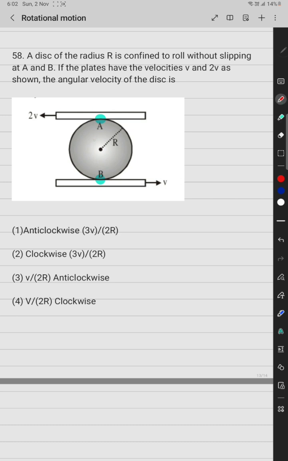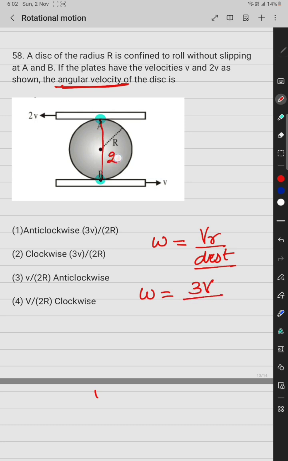Suppose we want to find the angular velocity omega of this one, then omega is equal to the relative velocity of one particle with respect to the other divided by the total distance between the particles. We are sure that the velocity of this point B is v and the velocity of A is 2v. So the relative velocity is 3v, and the distance between these two particles is 2r.